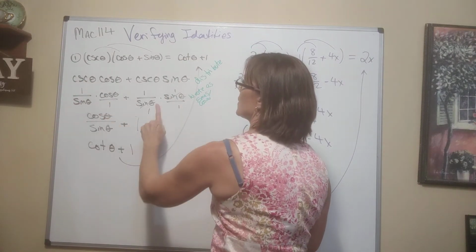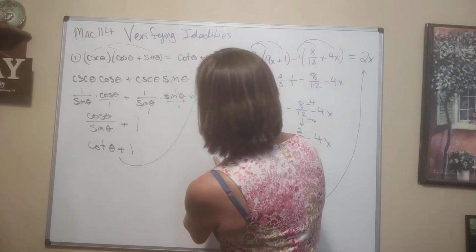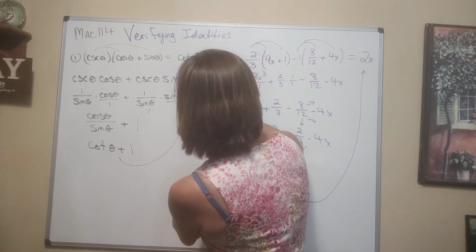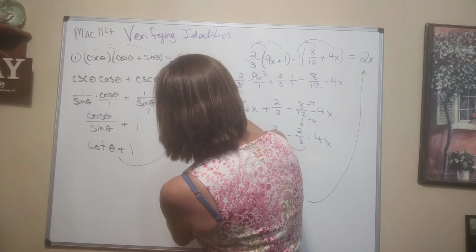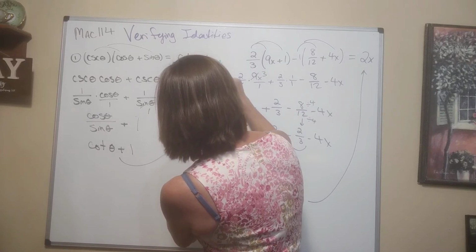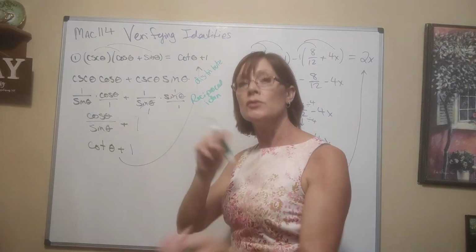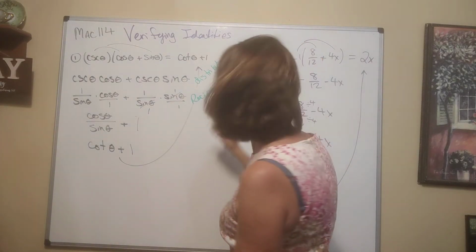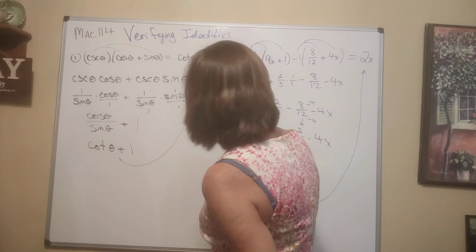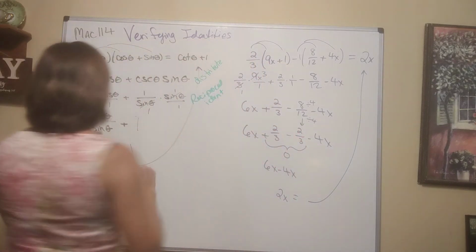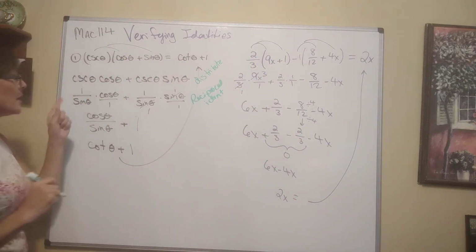But there's an identity. This is the reciprocal identity that I used here. Let me write that, it's better. I used the reciprocal identity. So if you go back and look at the sheet I gave you for 4.1, you'll see the names there. Reciprocal identity. Okay. And then I just multiplied fractions.